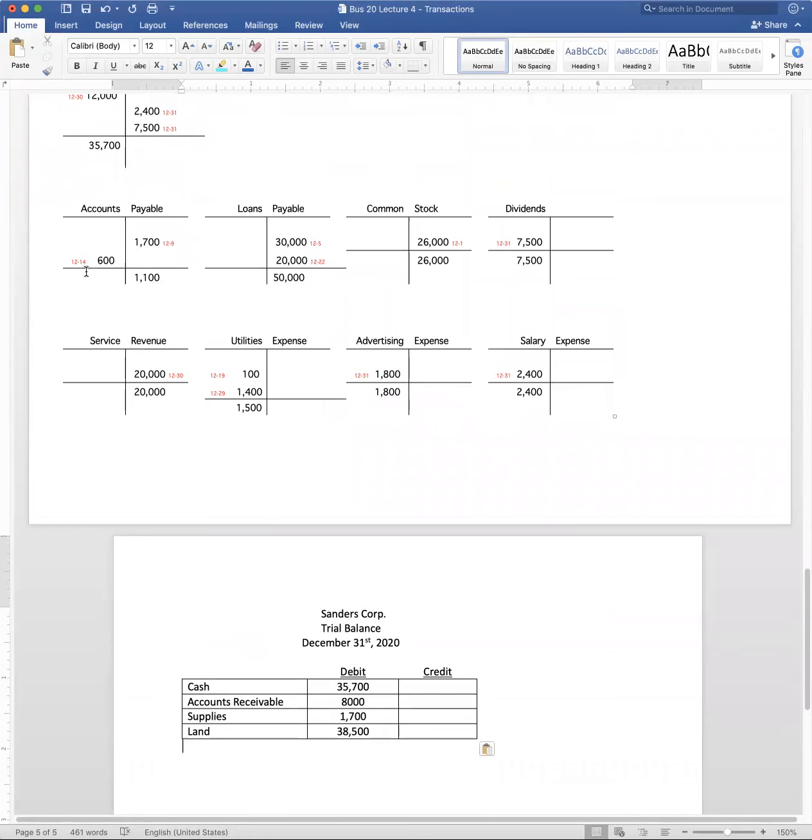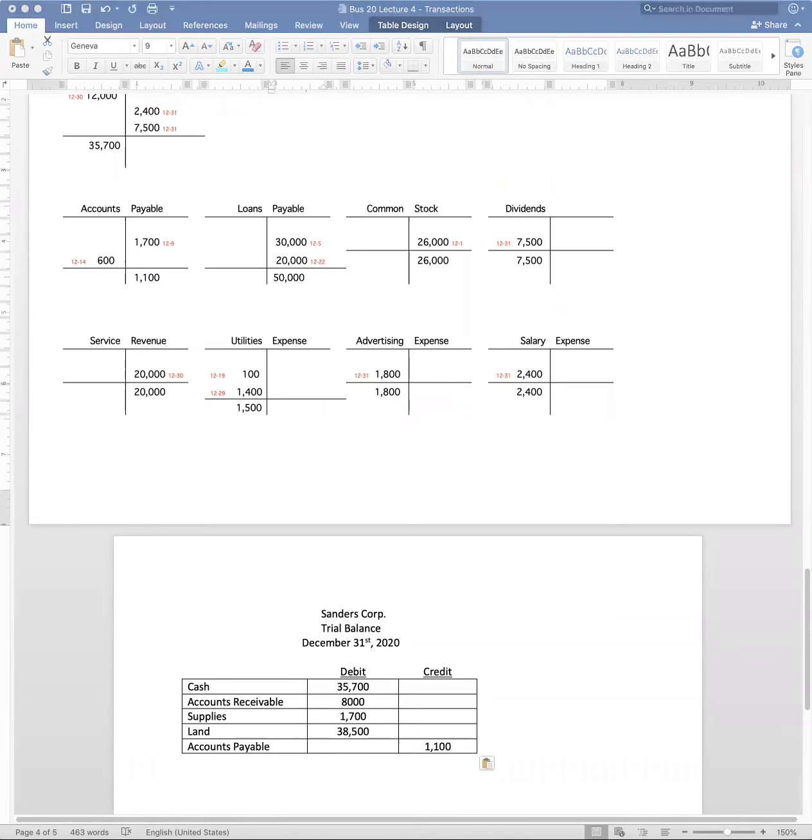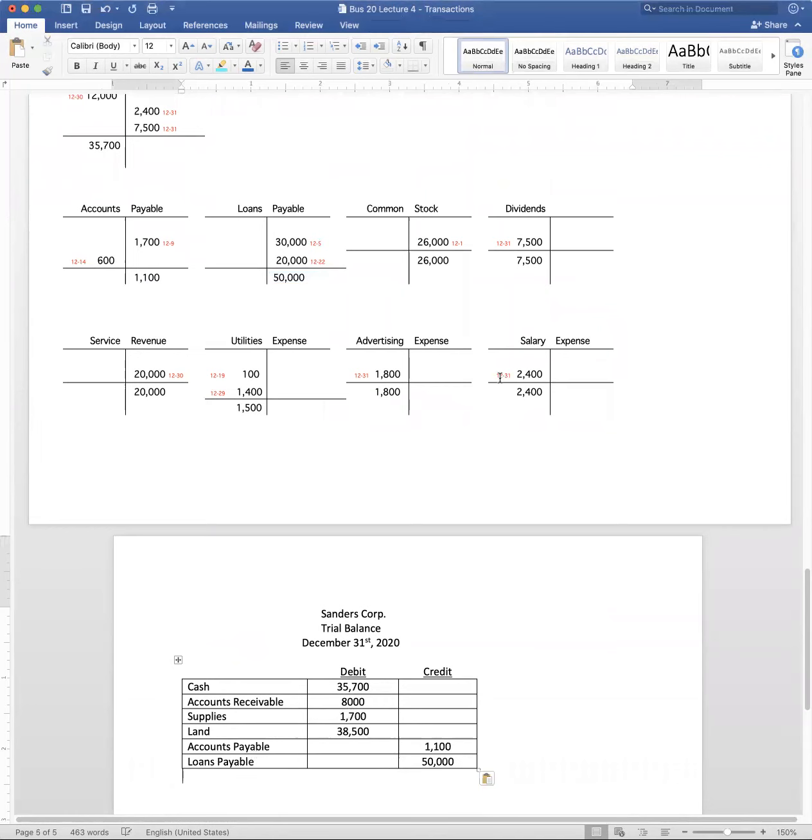Okay, next down here we have accounts payable with a credit balance of $1,100. And then loans payable with a credit balance of $50,000. And common stock with a credit balance of $26,000.